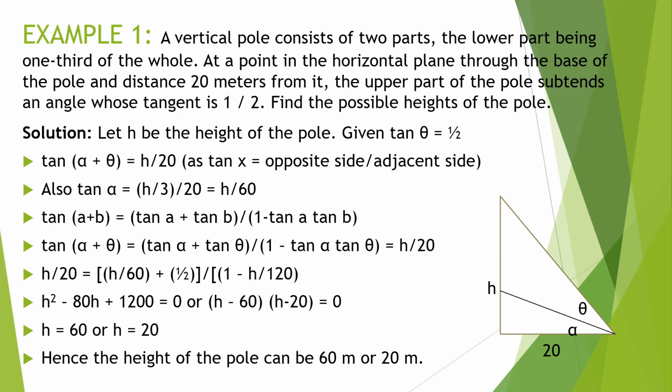So now putting the values, h by 20 is equal to, what is tan alpha? h by 60. And what is tan theta? Half. So we put these values and we get a quadratic equation. After solving this quadratic equation, we get h is equal to 60 or h is equal to 20. So the possible height of the pole can be either 60 meters or 20 meters.